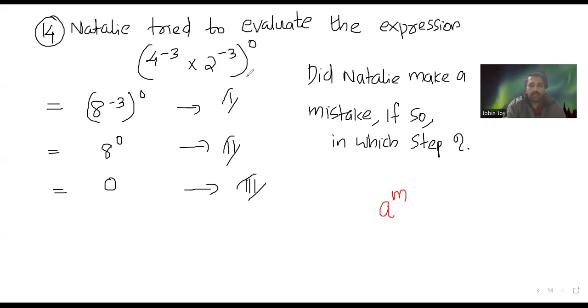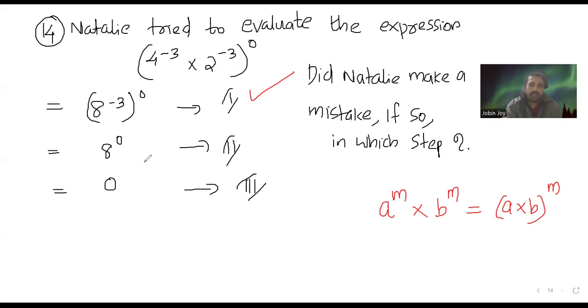So check the power. Power is same. So a raised to m into b raised to m form. What is a raised to m into b raised to m? A raised to m into b raised to m is a into b, the whole raised to m. So that means 4 into 2, 8, 8 raised to minus 3, the whole raised to 0. So this step is correct.